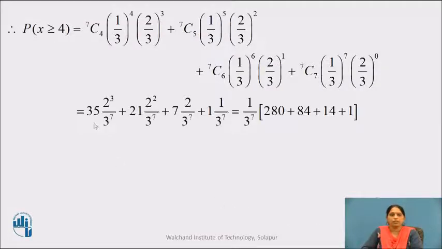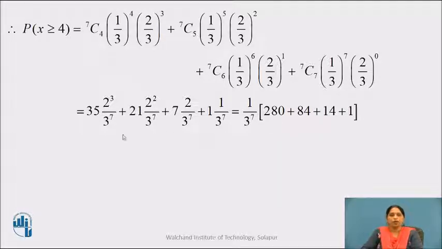Simplifying it, we get 35 into 2 raised to 3 upon 3 raised to 7 plus 21 into 2 square upon 3 raised to 7 plus 7 into 2 upon 3 raised to 7 plus 1 into 1 upon 3 raised to 7.